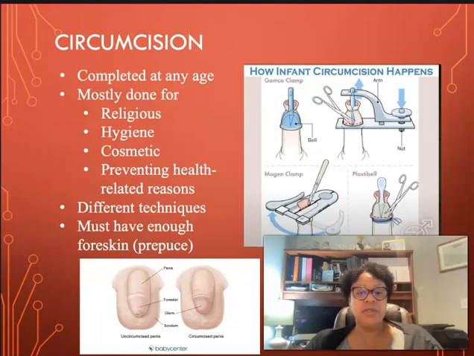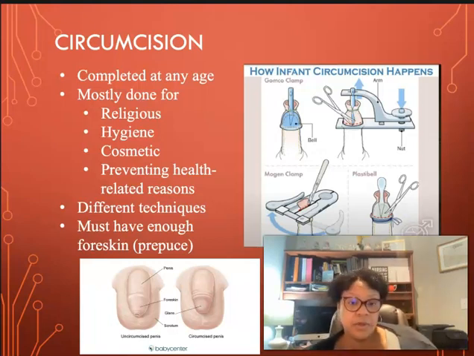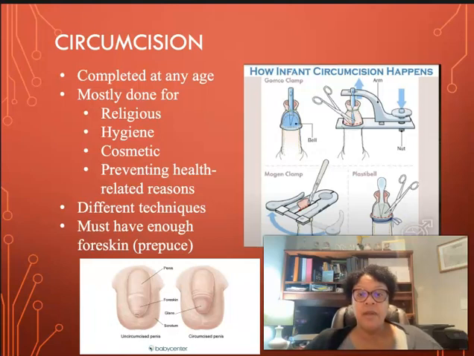That's one of the nursing management tasks: we assess and make sure the child has a wet diaper after a circumcision. They can't go home until we see that happens, because circumcisions usually are done right before discharge.